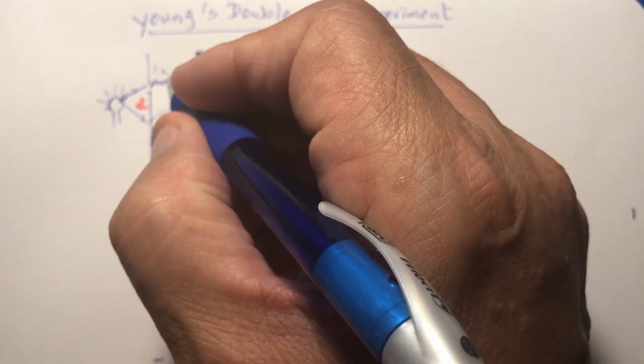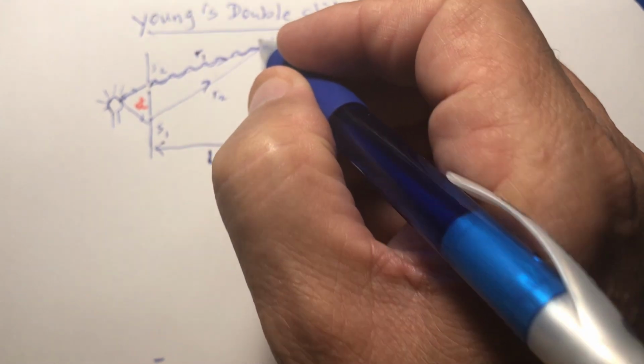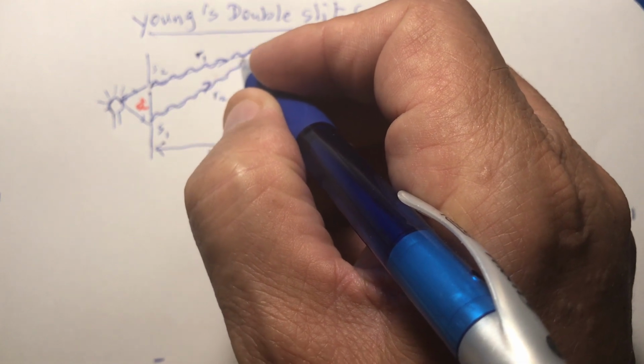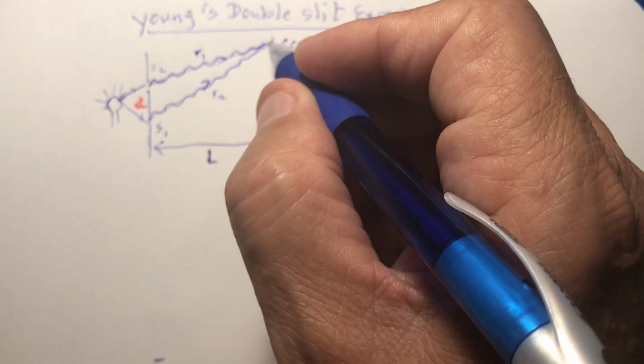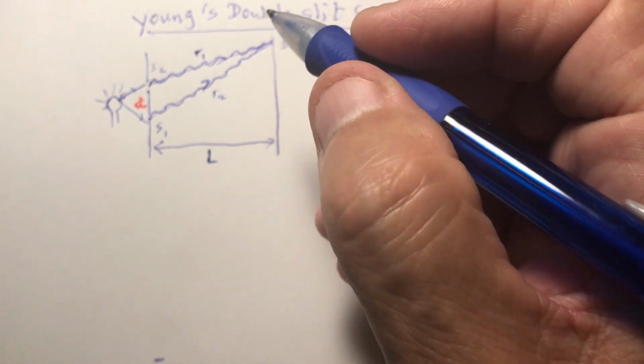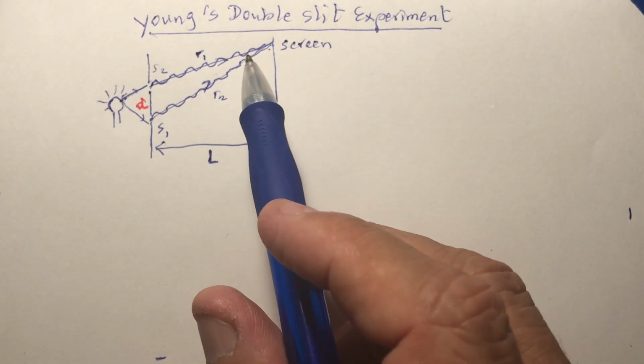This is a wave here, because light is a wave, and this is also a wave. So these two waves are going to interact at that point. They're going to interfere. So we have wave interference at that point.